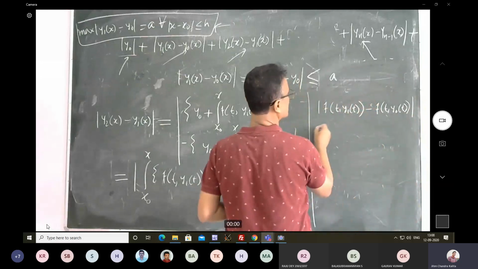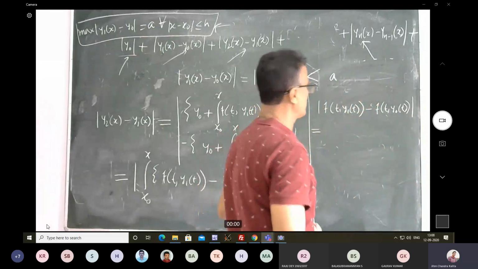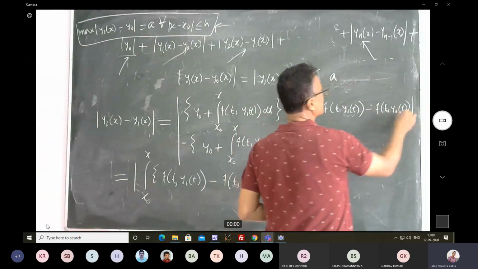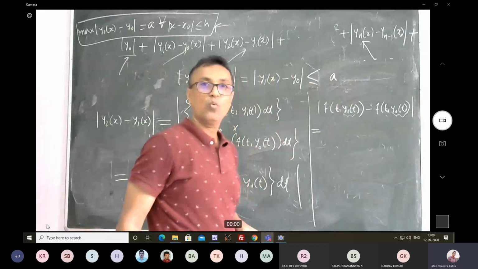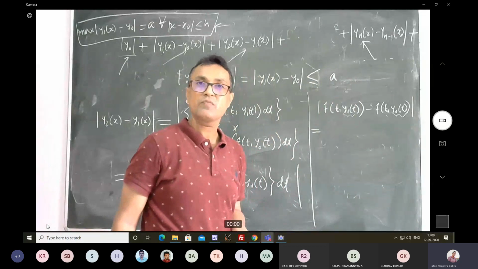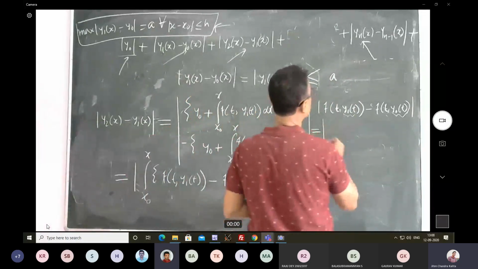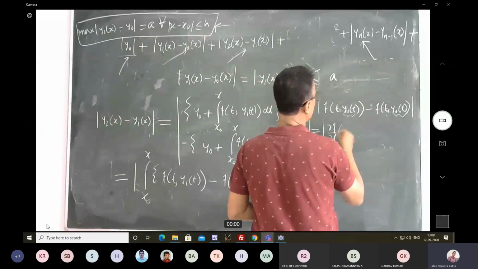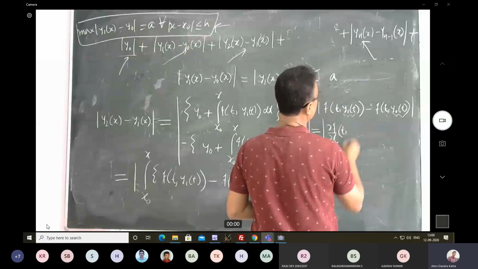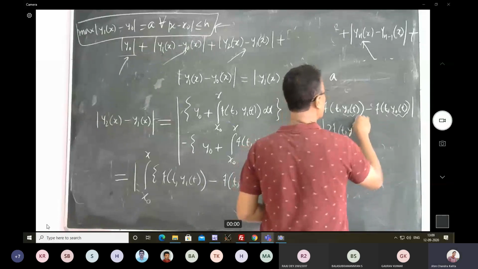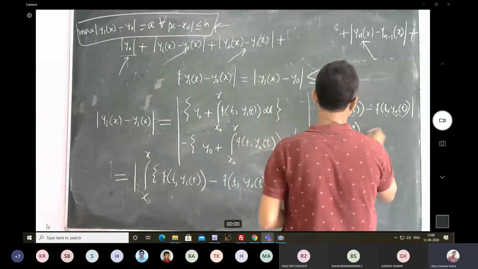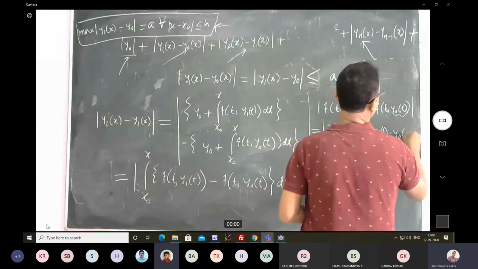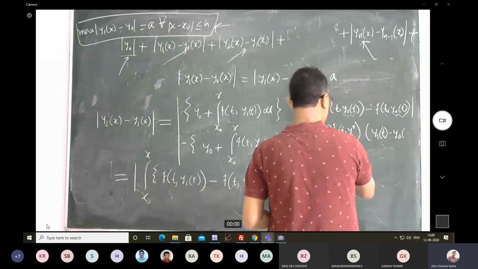So this is equal to, see again, for a fixed t, I am simply varying the values of y. Now, if you use the mean value theorem you have here, then this is going to be del f del y at (t, y star) times (y1(t) minus y0(t)).